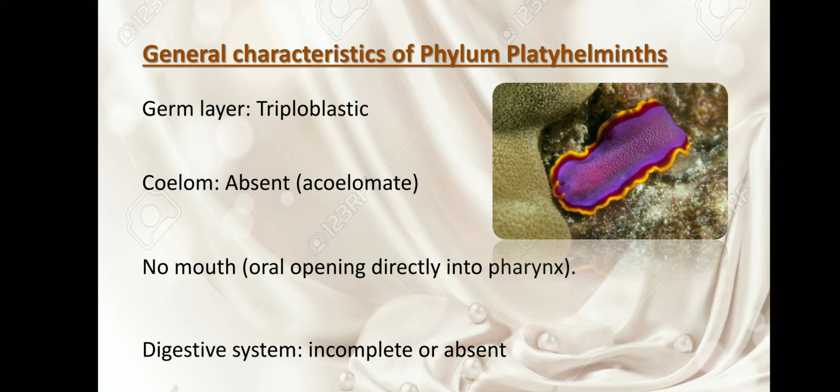Three germ layers are present: ectoderm, endoderm and mesoderm. Cavity is absent, so they are called acoelomate. The mouth is not the first part of the alimentary canal, so the oral opening goes directly into the pharynx. The pharynx is the first part of the alimentary canal, and the digestive system is incomplete or absent because they are parasites, so they take simple easy food from the host.